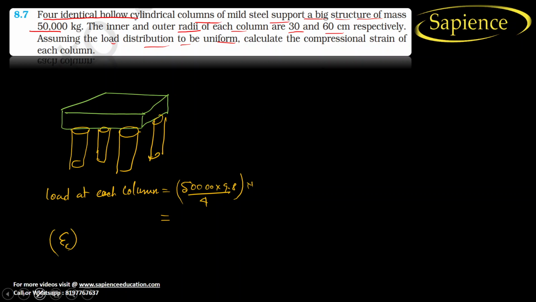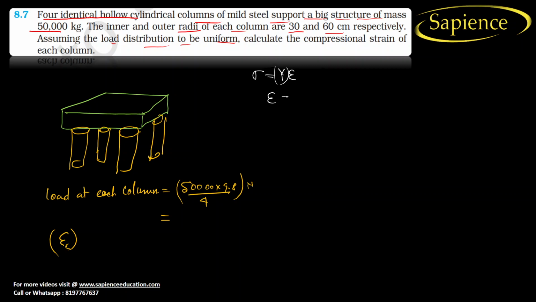Now, as we know, stress is proportional to strain, or stress is equal to Young modulus of elasticity into strain. Whether it is tensile or compression, you have to use Young modulus of elasticity only.